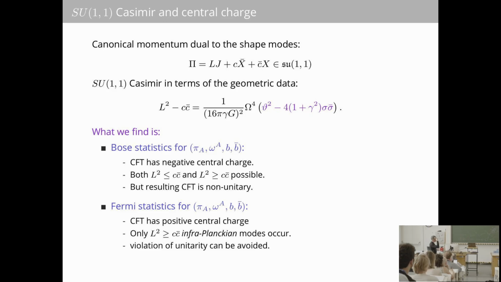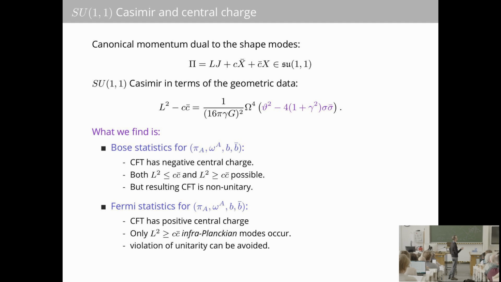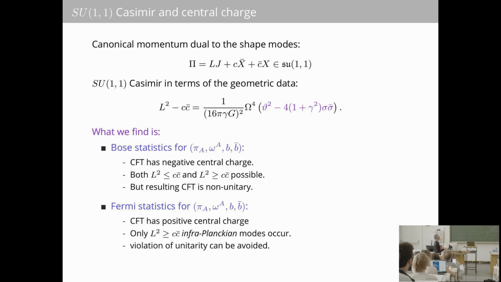And if we choose Fermi statistics, then this Casimir can only fall in one category, namely when L squared is always larger or equal to C bar. And this turns into an inequality for expansion and shear, okay? What does it mean?